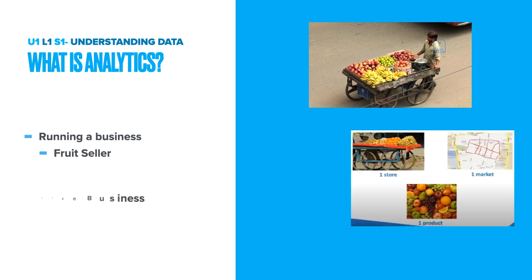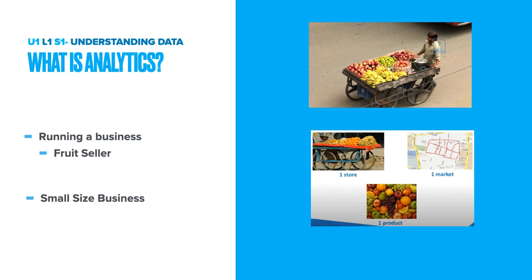Now if we look at this vendor, he has one store, that is his cart, and he has one product, that means only the fruit, and he has one market, maybe one or two streets here. But if you understand what I'm trying to say, he has used analytics to make a business decision to go to the other street.